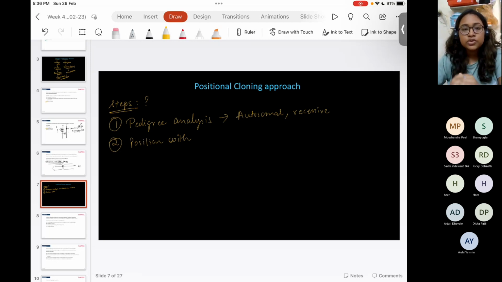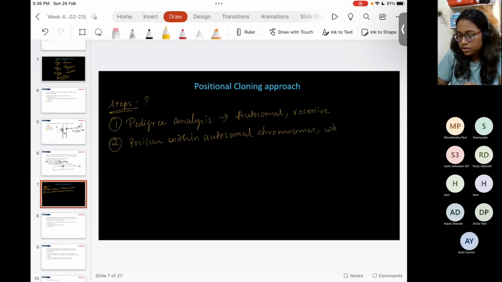So in the second step, you will look for the position within all autosomal chromosomes where you feel that the defective or mutated gene could be present. So how will you do it?